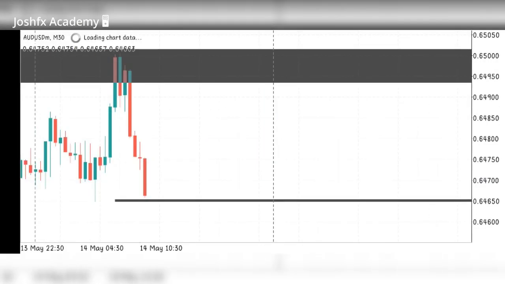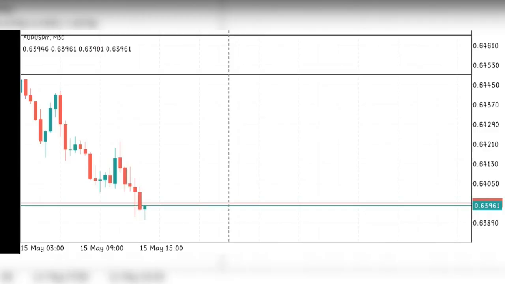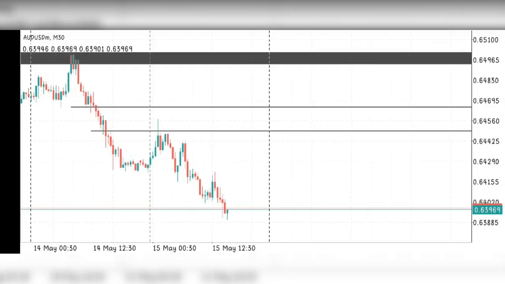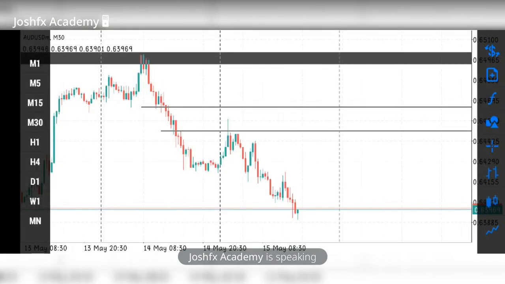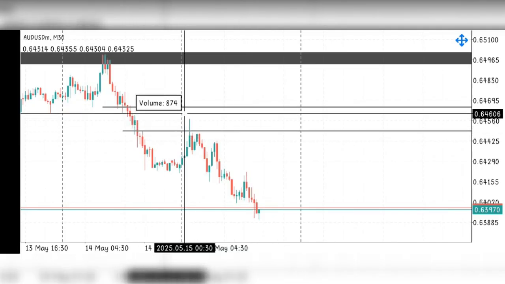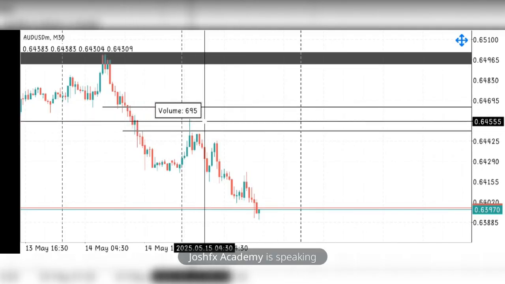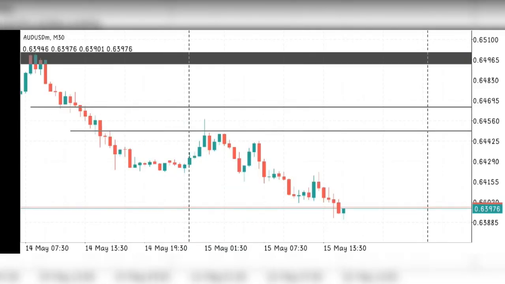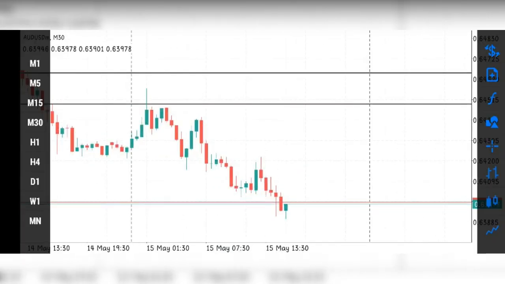So let's check 1 hour. After this particular market has retraced a bit, I saw something that we can still use to pick a trade.